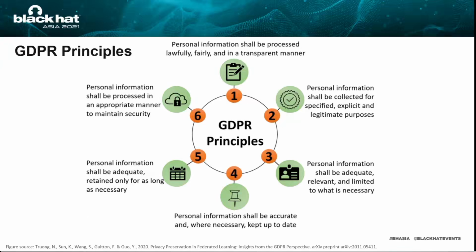So this time should be as short as possible. The last principle is about what kind of mechanism should be taken to protect the collected data. So the principle requires the data controllers to apply appropriate protection mechanisms on the user data they collected.